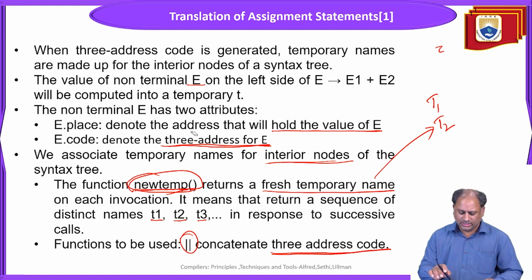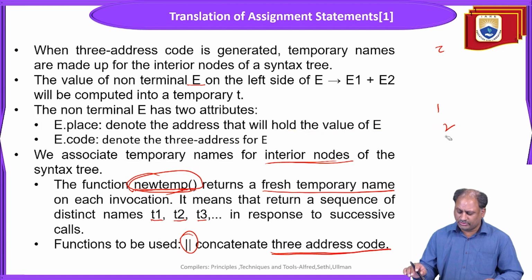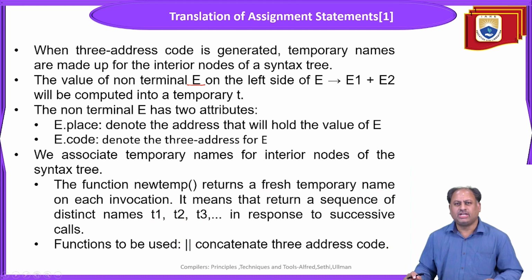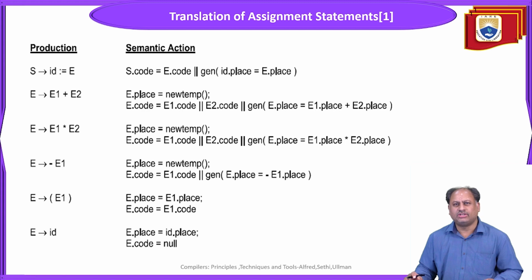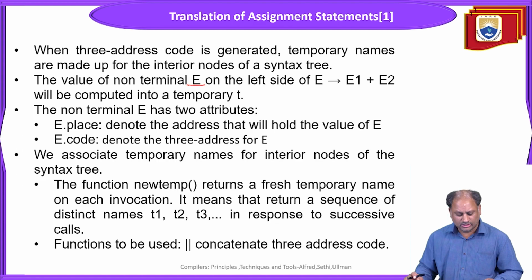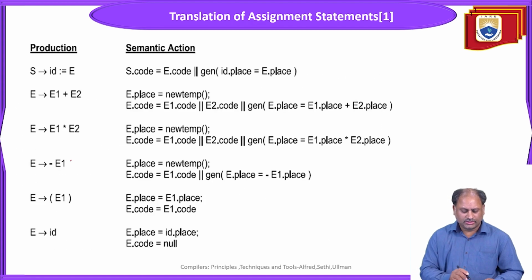Now we know that the two attributes are the main important points for translating to syntax directed 3 address code notation. Now we will see the productions which we considered previously. These are the productions: E1 plus E2, E1 star E2, minus E1.